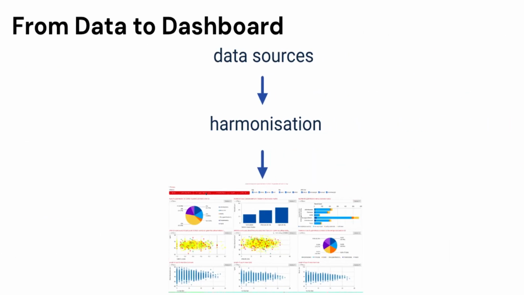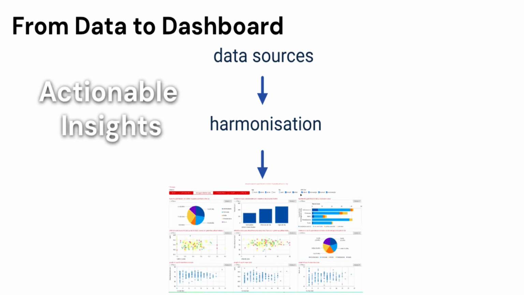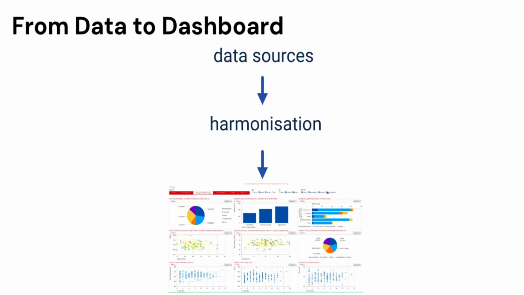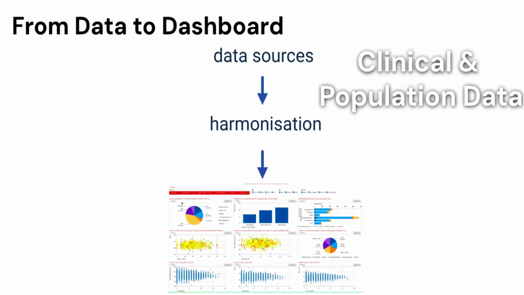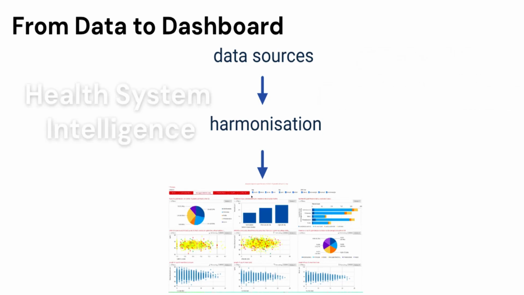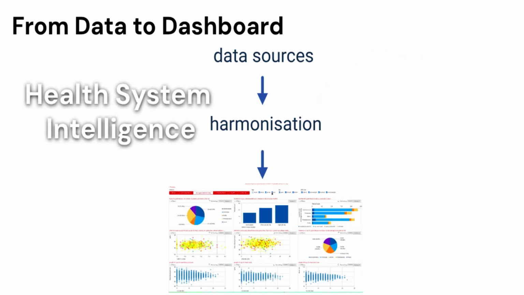To demonstrate the value of this approach, the project developed a dashboard that transforms complex clinical and population-level data into actionable insights. The dashboard is designed to show how data, aligned with the EHRxF, can be used not only for clinical reporting, but also to support broader health system intelligence.